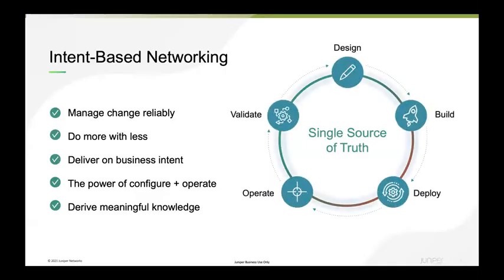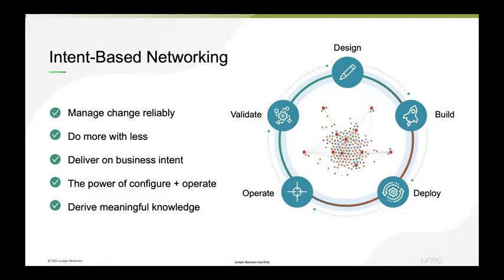Apstra is software used to stand up a validated data center. It's built on open standards. We have a single source of truth, and that single source of truth is stored in a graph database, which is a fantastic database for holding highly connected data sets, which is what a network is.